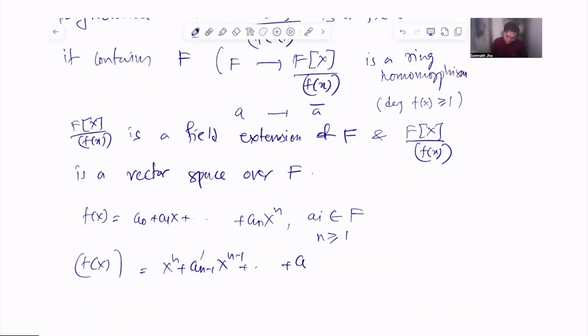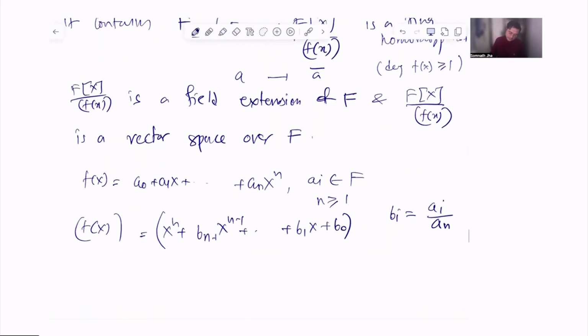x to the power n plus b(n-1) x to the power n minus 1 plus up to b1 x plus b0, where bi equals ai by an, right?